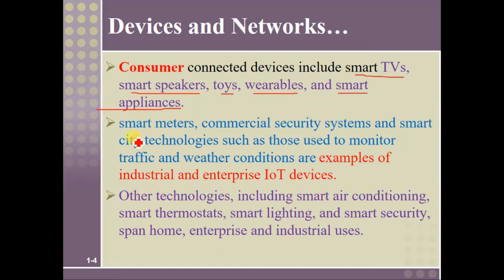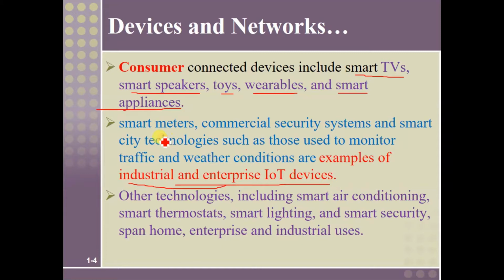The other category is smart meters, commercial security systems, and smart city technology such as that used to monitor traffic and weather conditions, which can be categorized as industrial and enterprise IoT devices.